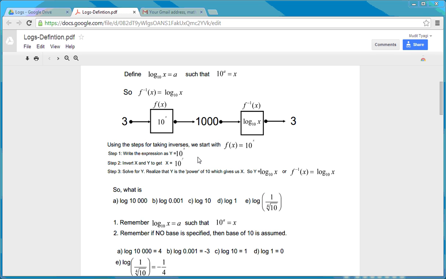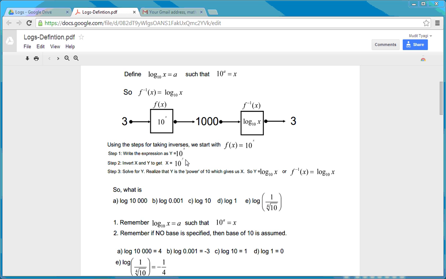So let's follow our steps. The first thing we do is we write this expression f of x equals 10 to the x as y equals 10 to the x, and then wherever we see a y, we make that an x. Wherever we see an x, we make that a y. And so when we finish that step, we've got x equals 10 to the y.